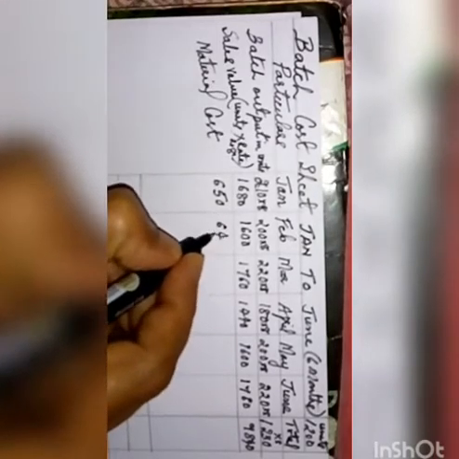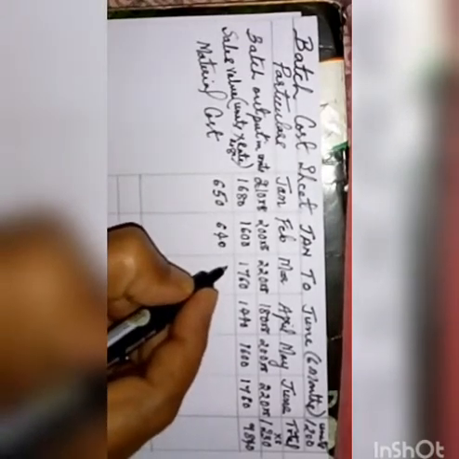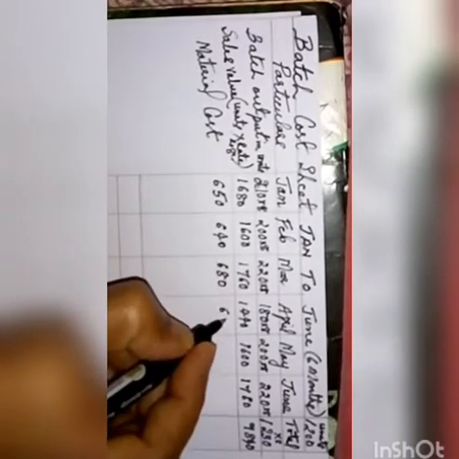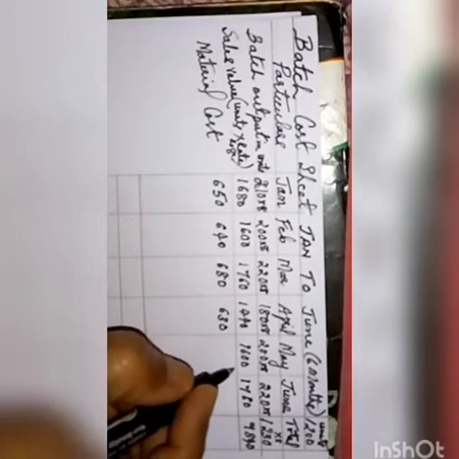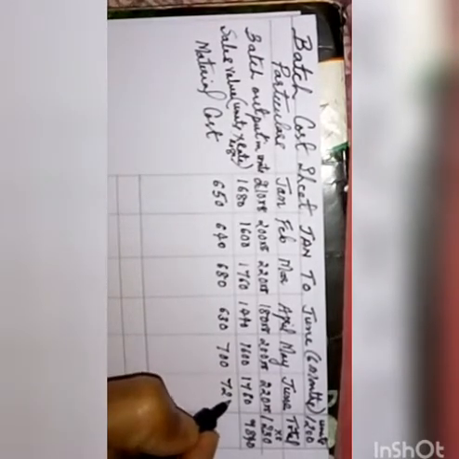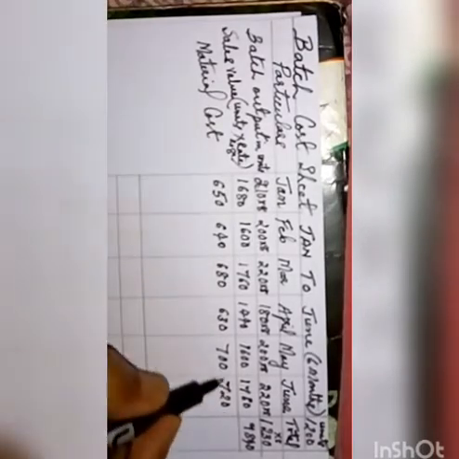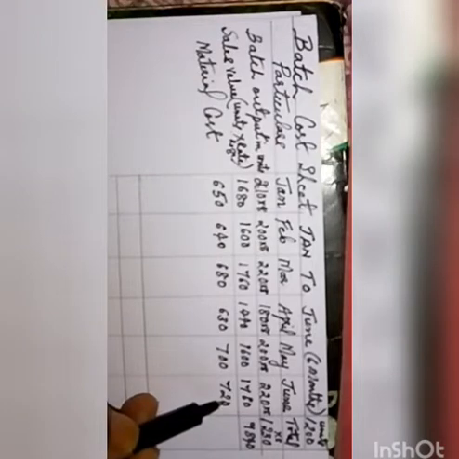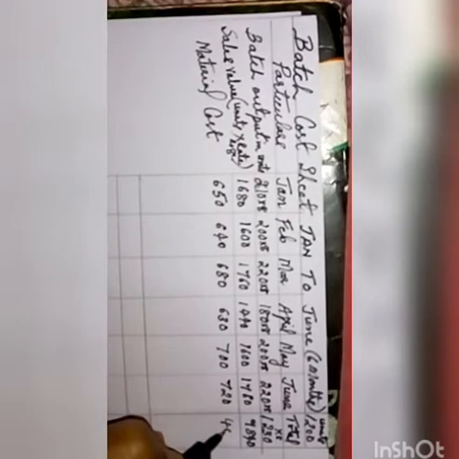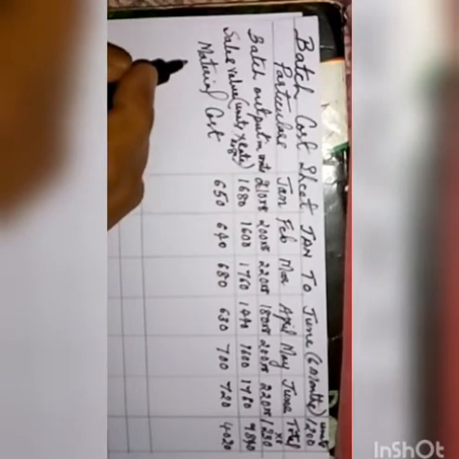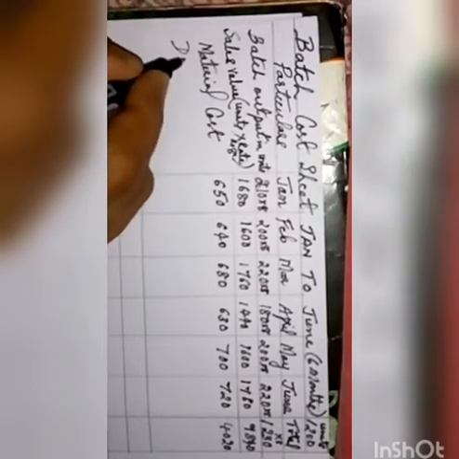Next month it is 640. March month it is 680. April month it is 630. May month it is 700. June month 720. And adding all the 6 batches, the total material cost comes to 4020. And the next cost is direct wages.